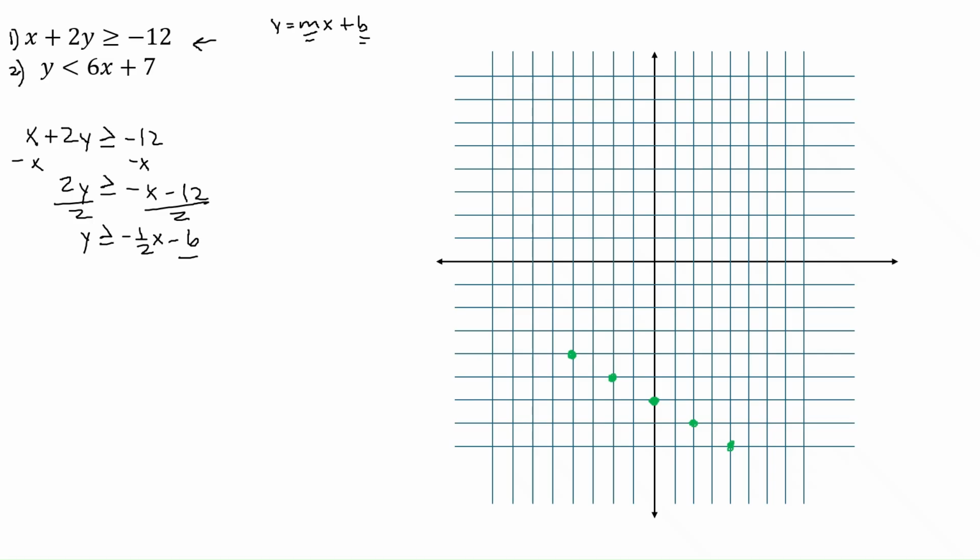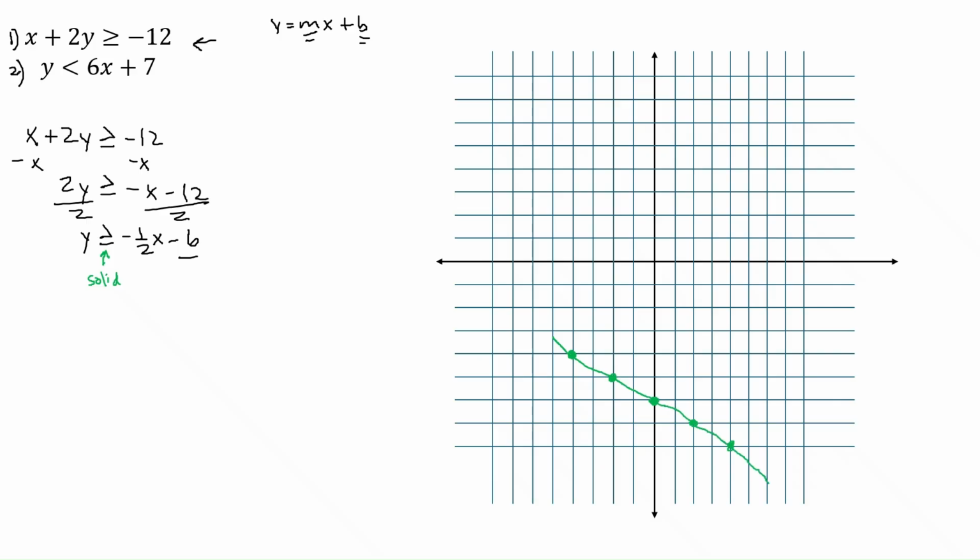Now let's draw a line, at least as best as I can, to connect these points. Now, because this is greater than or equal to, that means we're going to do a solid line because it literally means y is either equal to negative 1/2 x minus 6 or it's greater than that. So because it's equal to that line, that means the line is solid.